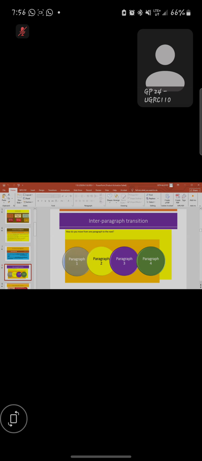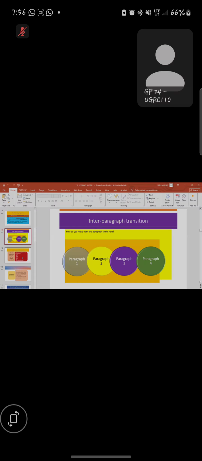So you can have a situation where paragraph 2 is connected to paragraph 1, paragraph 3 is connected to paragraph 2, paragraph 4 is connected to paragraph 3. That's what we mean by inter-paragraph transition. The way you transition from one paragraph to the other.